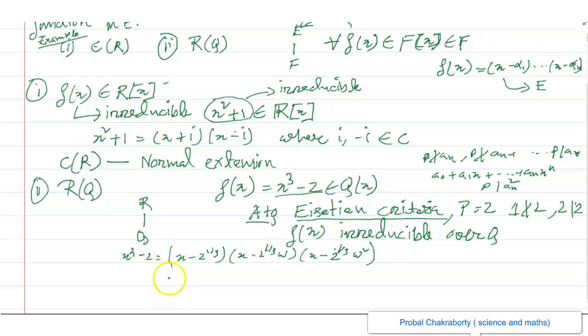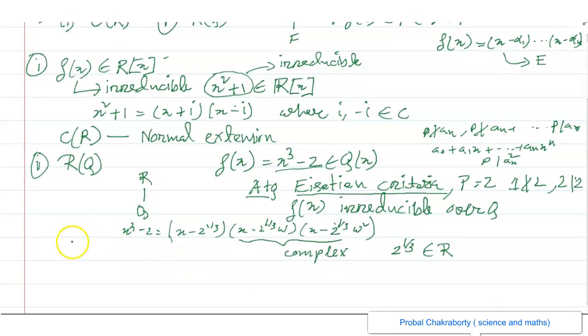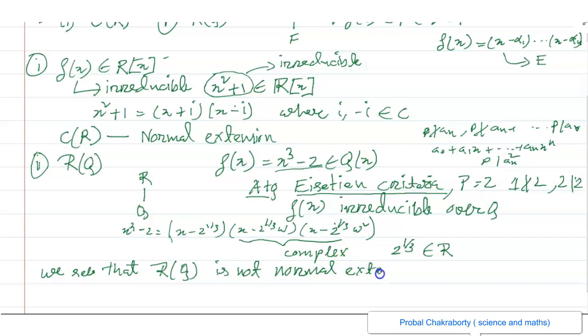So friends, whatever we see, this portion is complex, and 2 to the power 1/3 belongs to R. So friends, we see that R over Q is not a normal extension. Thanks for watching.